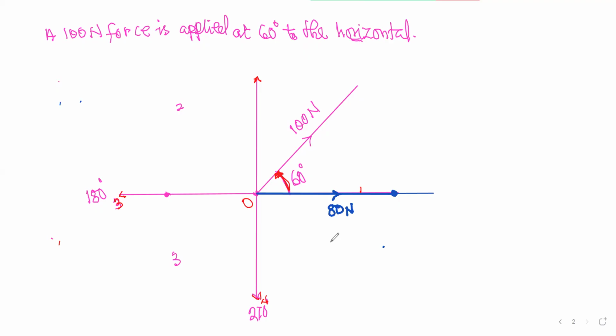So we are adding the 80 Newton force to the already 100 Newton force, which acts at an angle of 60. But here, no angle is given, meaning the 80 Newton force makes an angle of 0 with the horizontal axis. That is why it is placed on the horizontal x. Okay. Now we are to determine the resultant.